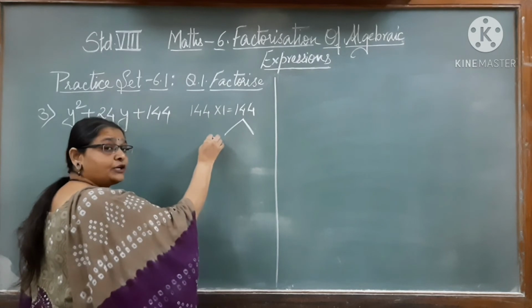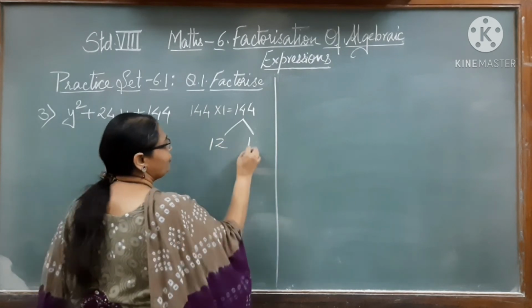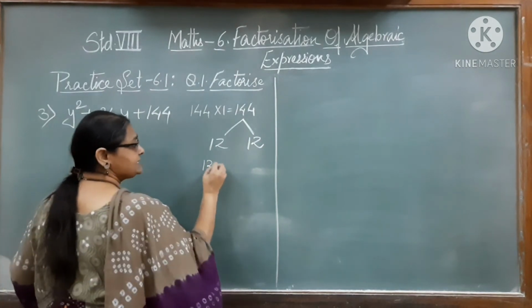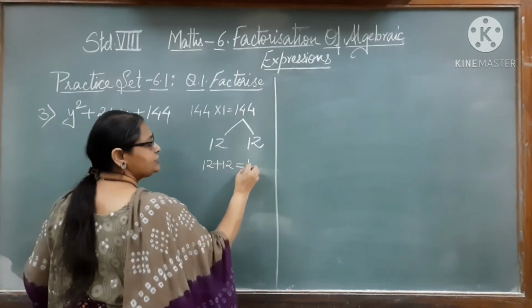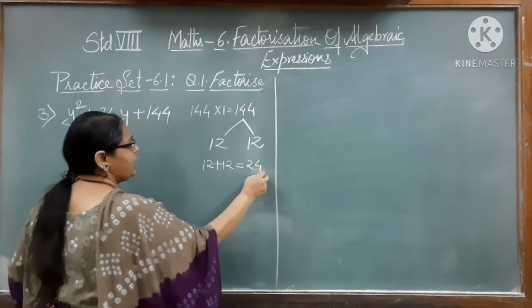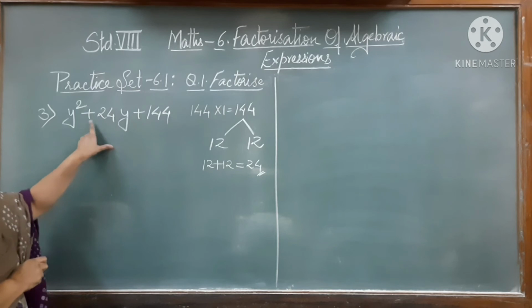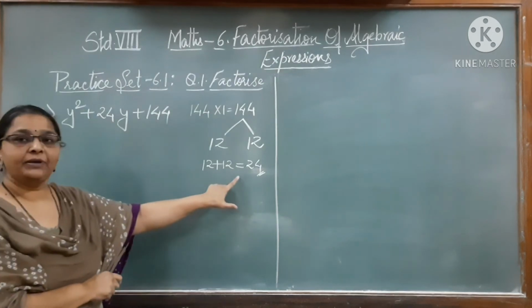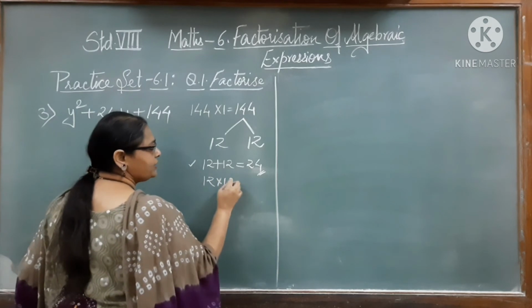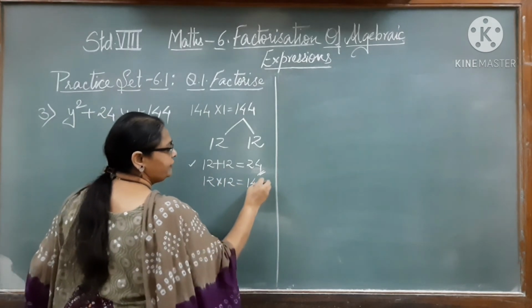I know 12 twelves are 144. Can I take these two factors? Of course, 12 plus 12 is equal to 24. Fine. So I can take up these numbers, whereas 12 multiplied by 12 is equal to 144.